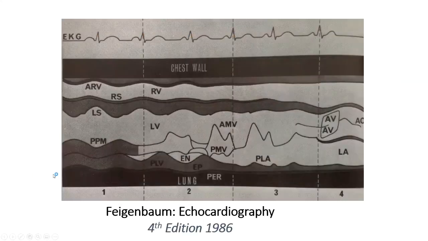So here's a schematic of M-mode echocardiography, and the transducer is swept from the ventricular side up by where the mitral valve is, farther up toward the base, and finally through the aortic valve.